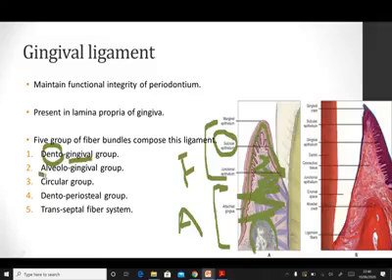The alveolo-gingival is attached to bone, alveolar bone, alveolar is for bone, on one side, and then it spreads into the gingiva, the lamina propria of the gingiva. The circular group circles the gingiva in circles. It forms a neck or a band around the gingiva. Then the dento-periosteal is embedded on the tooth on one side and the periosteum of the bone on the other side.